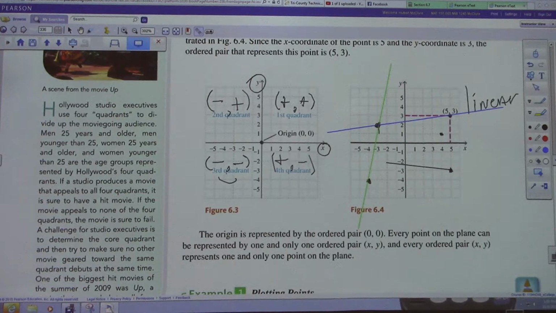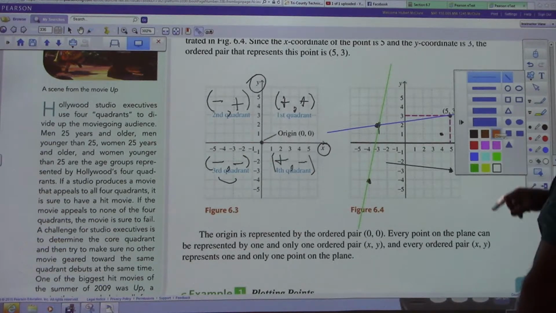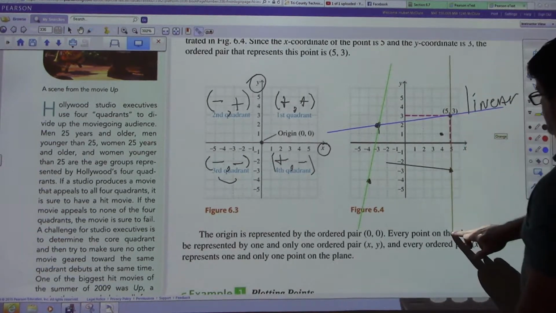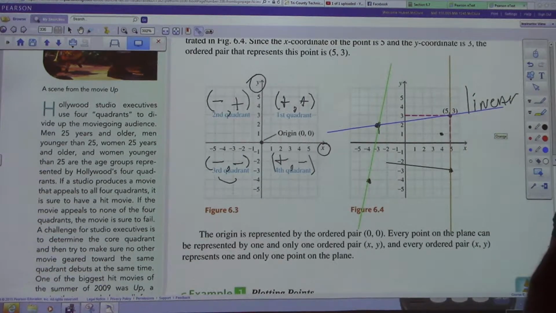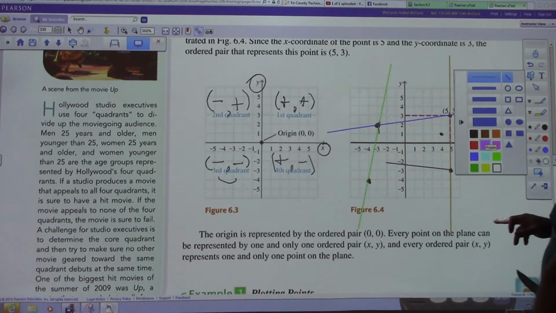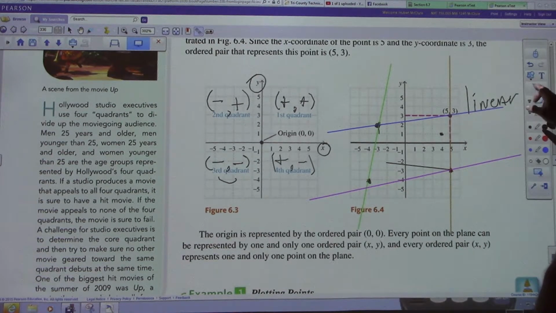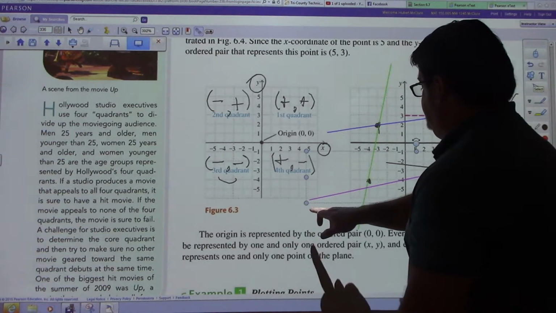Now, you can draw a line by connecting 2 points together, or you can do it several other ways. And I'm just doing this. You don't have to draw them, but I'm just doing it to show you that you can draw a line however you want to.